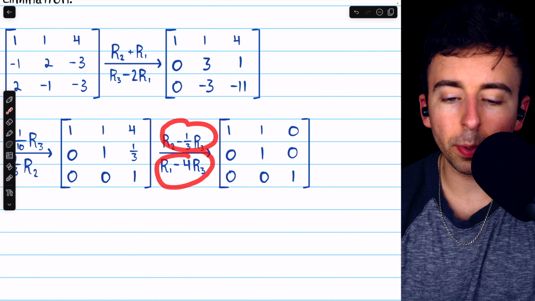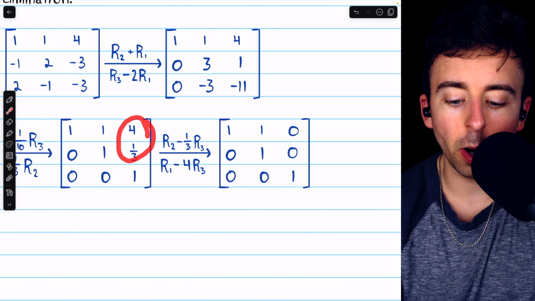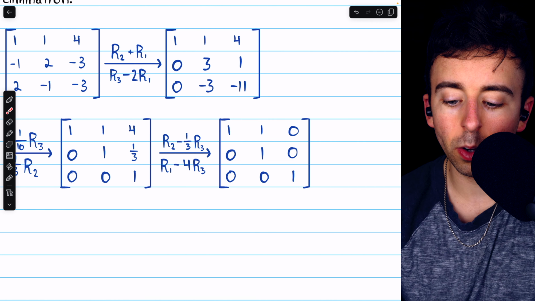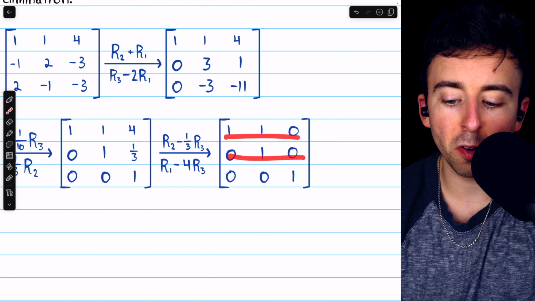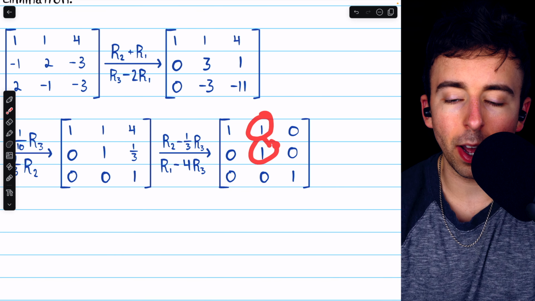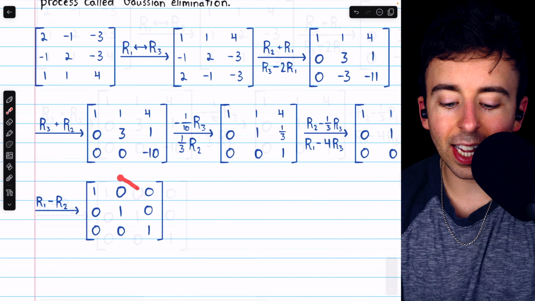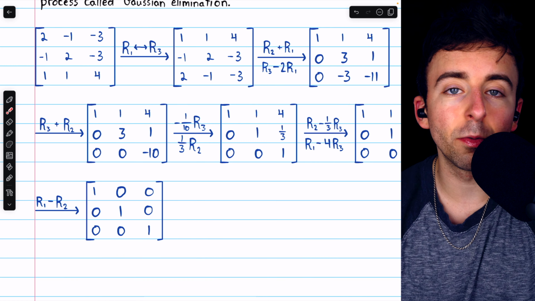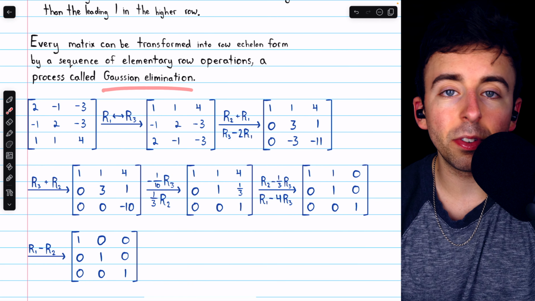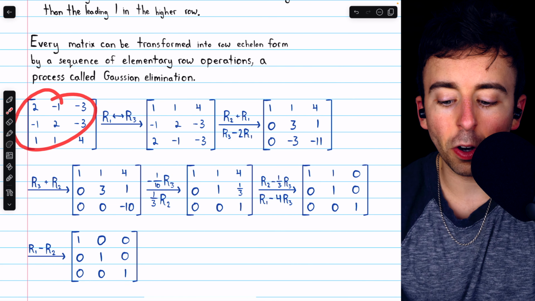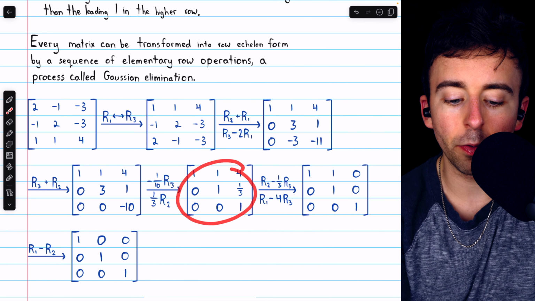First, we would do a couple of subtractions to get zeros above this leading one, which would bring us to this matrix, and then just subtract row 2 from row 1 to get a 0 above that leading one. And that gets us to this matrix, which is in reduced row echelon form. So that's an example of the Gaussian elimination process to turn a matrix into echelon form.